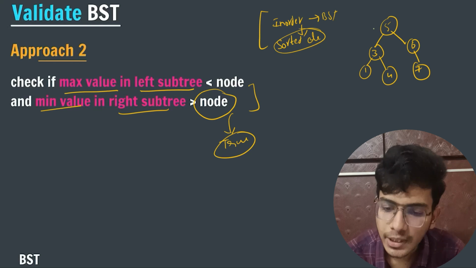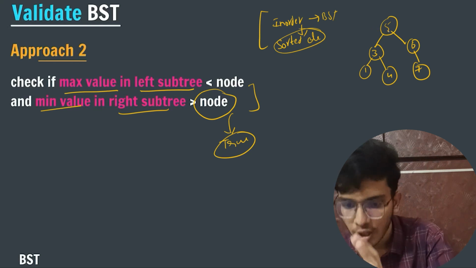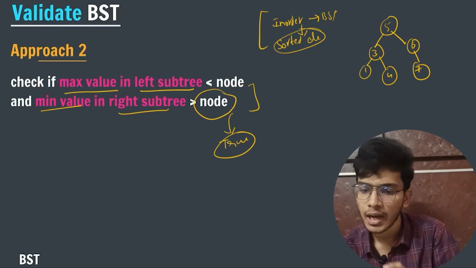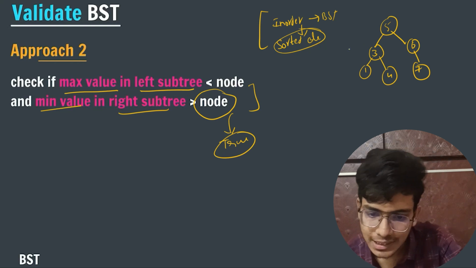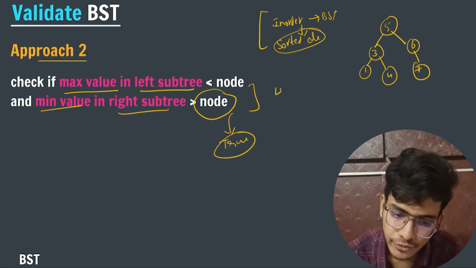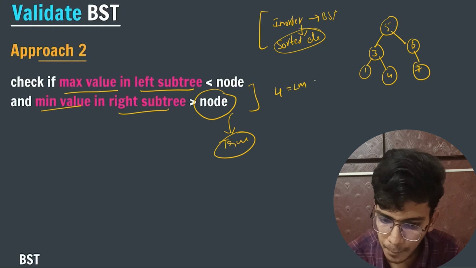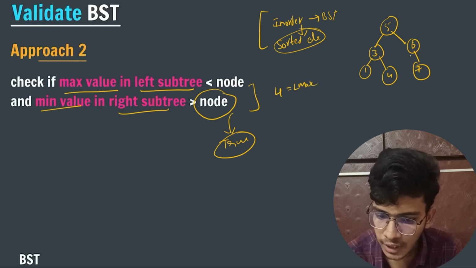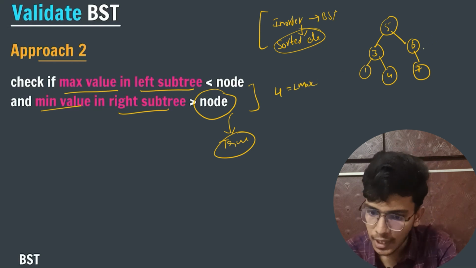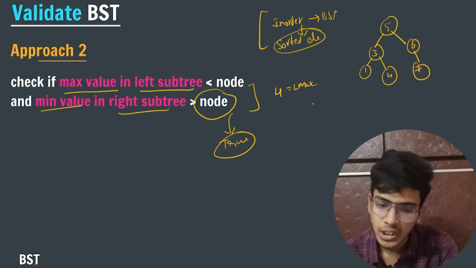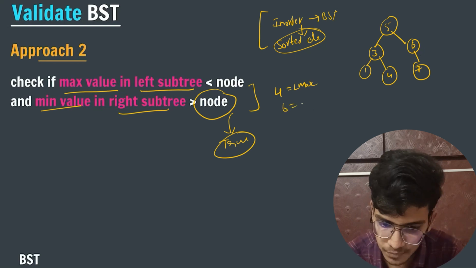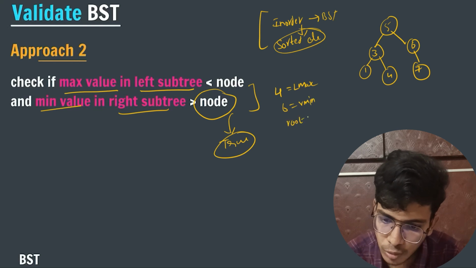Now you can see that for this particular tree, the left part maximum value is 4, the right part minimum value is 6, and my root node is 5.